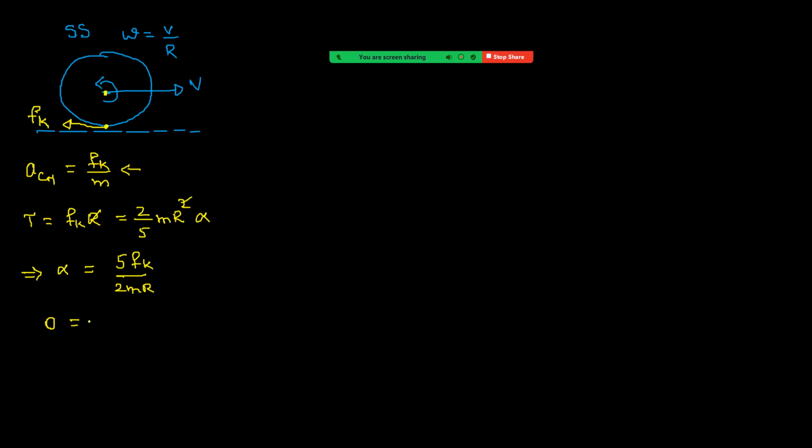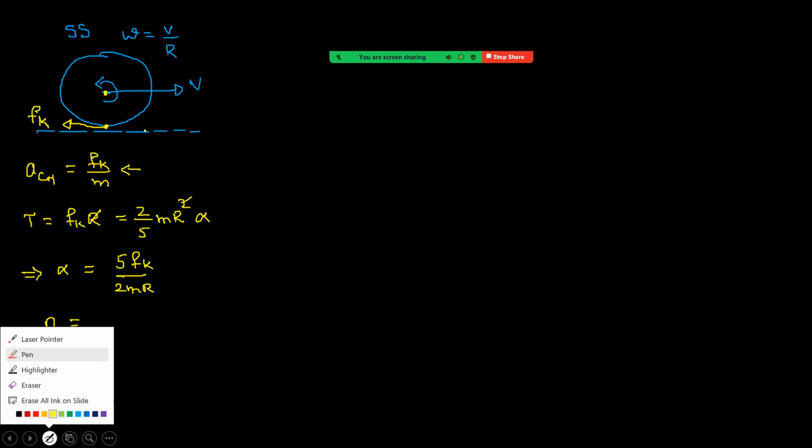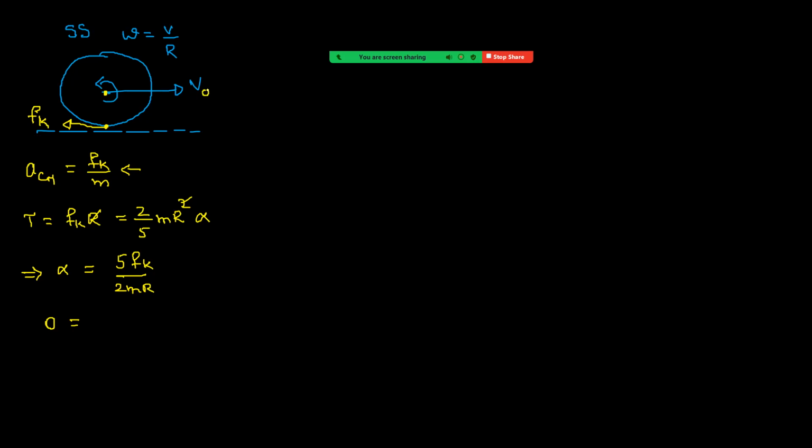Okay. To avoid confusion here, let us take the values as v naught, and this also v naught. This is omega naught. Right. So initial velocity v naught.